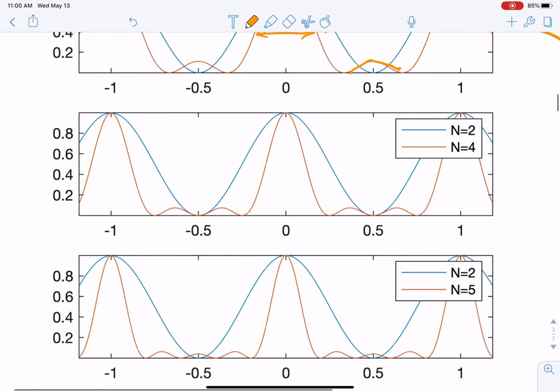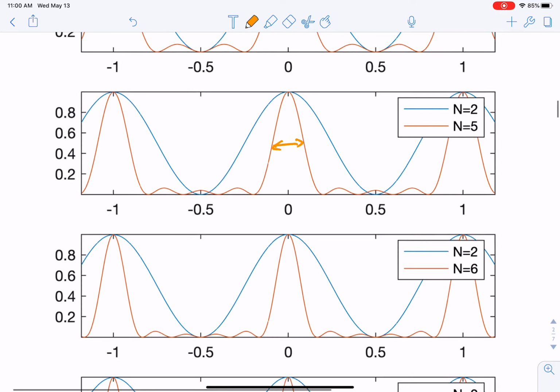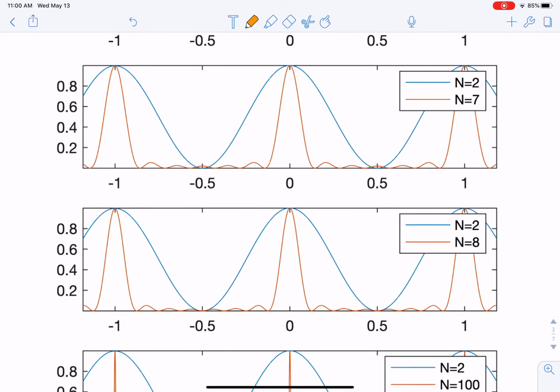Now if we go to 4 of those bars, it gets even more narrow. Again, I'm showing the 2 case there for reference. If you go to 5 bars, it gets narrower, of course. 6, 7, 8, it keeps getting more narrow. And these side lumps here keep getting smaller.